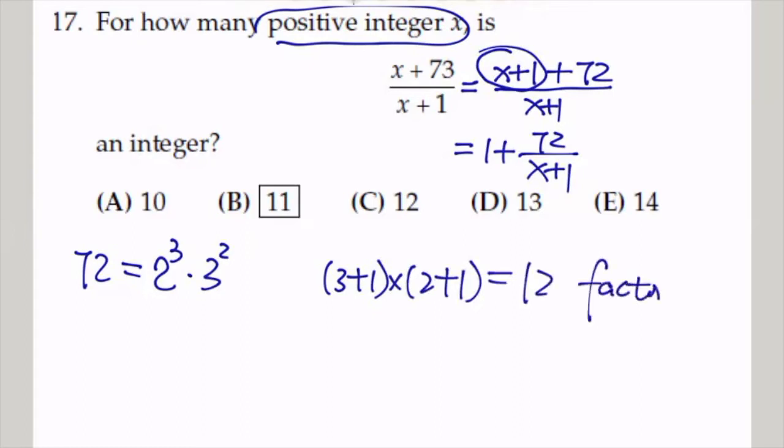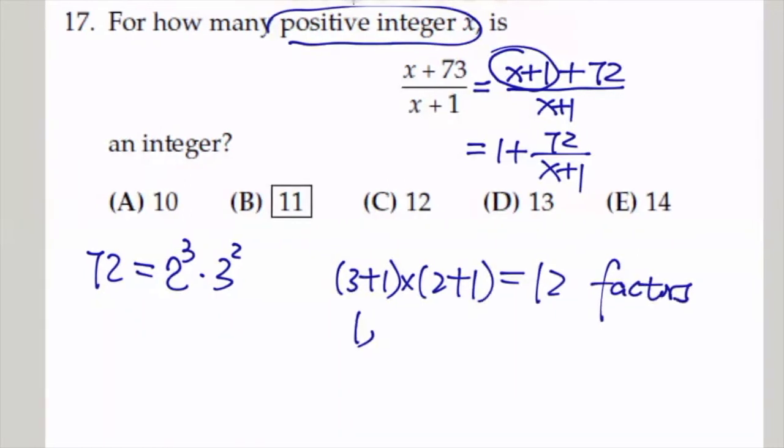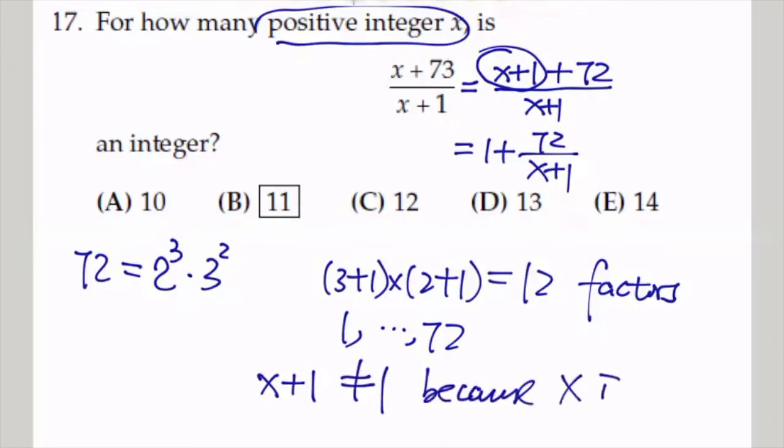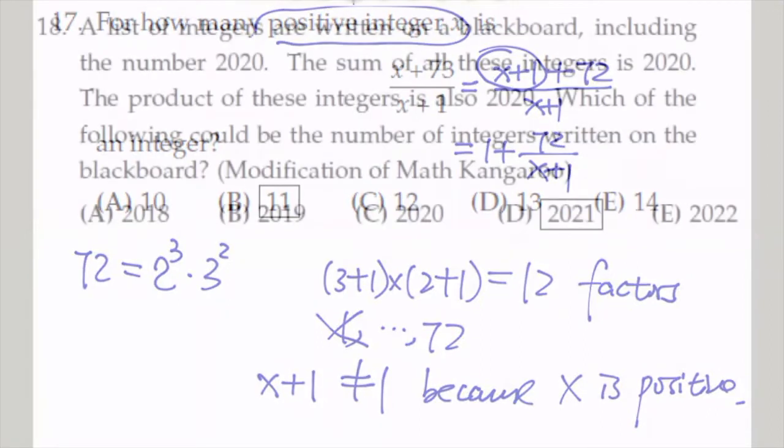So the factors go from 1 to 72. But recall that x plus 1 cannot be 1, because x is positive. So the 1 doesn't work. The rest of the numbers work. So the total number is 11 numbers.